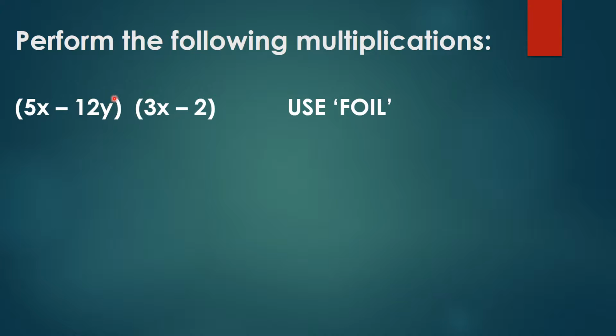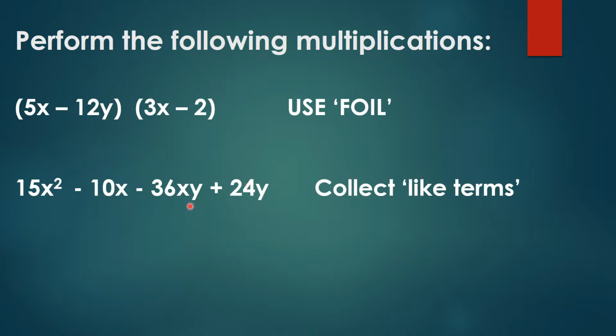And negative 12y times negative 2 gives you a positive 24y. Now, collecting like terms, all of these terms are unlike, so this is your final answer: 15x squared minus 10x minus 36xy plus 24y.